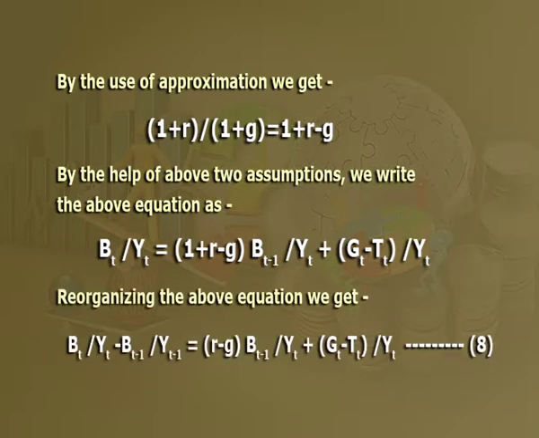Reorganizing the equation, we get Bt divided by Yt minus Bt minus 1 divided by Yt minus 1 is equal to (R minus G) whole into Bt minus 1 whole divided by Yt plus Gt minus Tt divided by Yt, which gives us our equation 8.